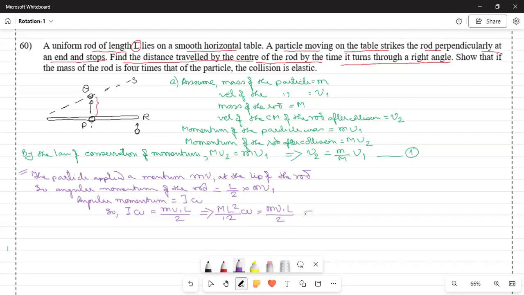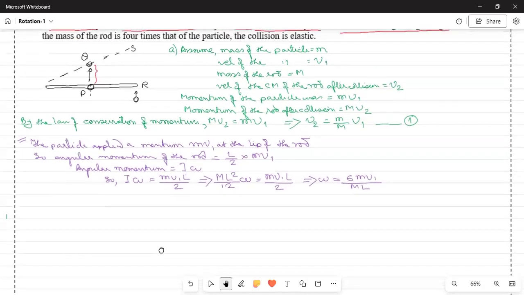From here you get the value of omega very easily. So omega is equal to 6 m v1 by capital M into L. But they did not ask for the value of omega. They asked for something else.